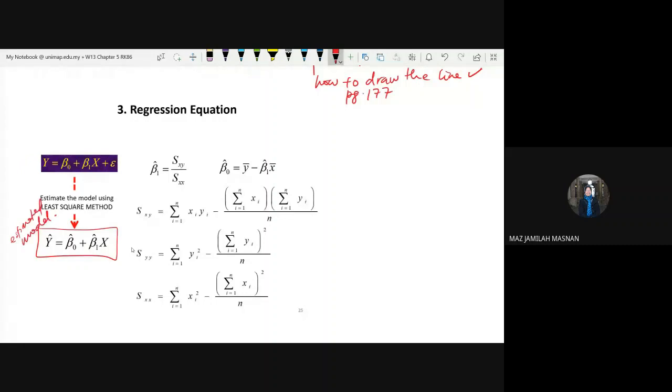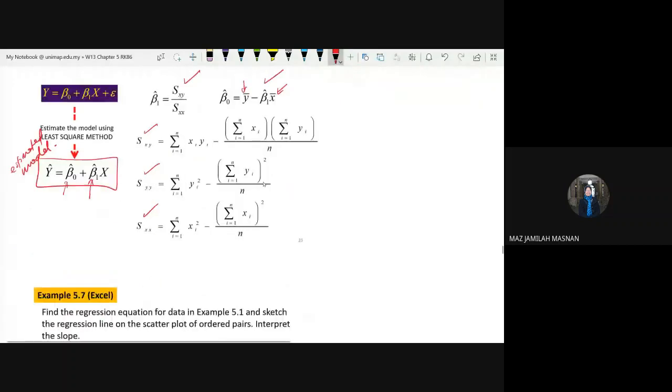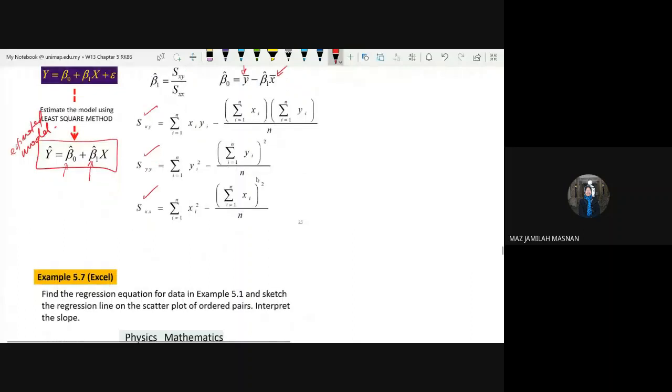Now manually, if you wish to find it manually, just to give you the understanding of how beta 1 hat and beta naught hat are obtained, this is how they are calculated based on the sum of squares of xy, yy, and xx. They also take the value of the average of y and the average of x. So that is just a quick look at how the calculation of your model is obtained.